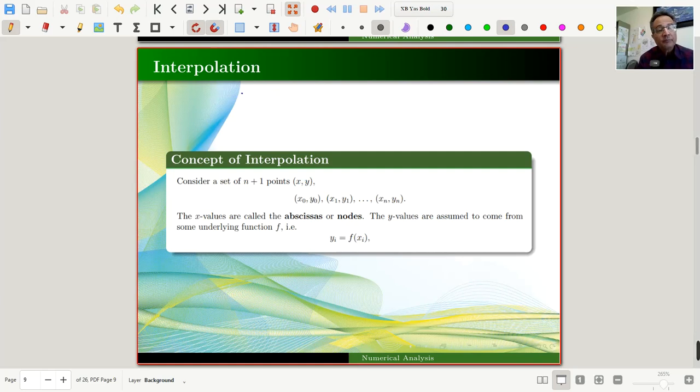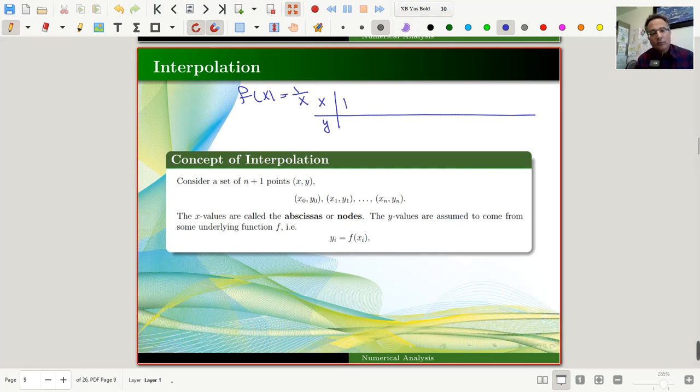For example, if you consider f of x equal to 1 over x, and you try to draw a table, you consider x and y.